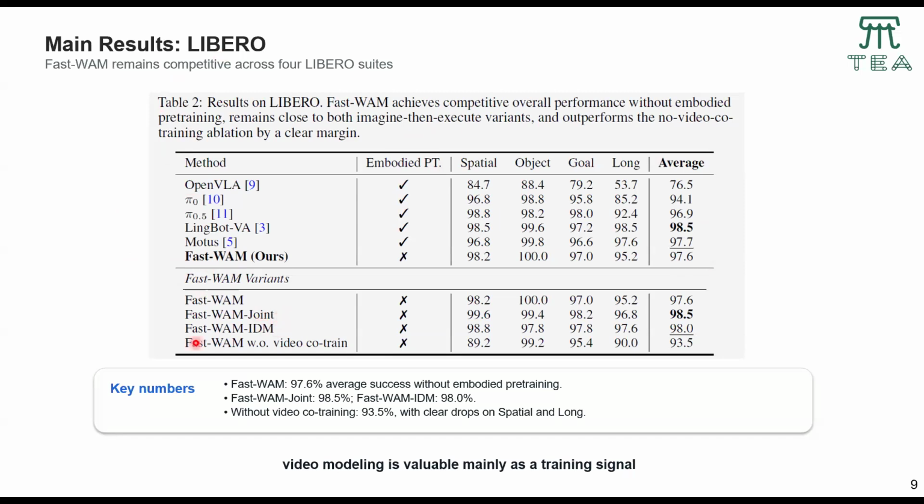And also for the model without video co-training, the performance significantly drops. And these results support the claim that video modeling is valuable mainly as a training signal.